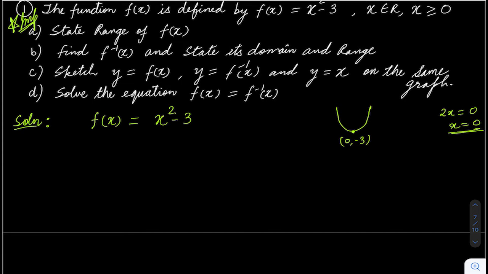Now, if x is greater than or equal to 0, it means we are concerned only about the right part of the graph. So what is my range here? From minus 3 to infinity, right? So from minus 3 onwards, it will have the range. I hope it's clear. So they're asking for the range of f(x).